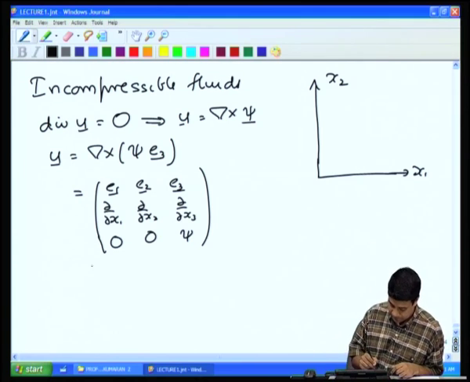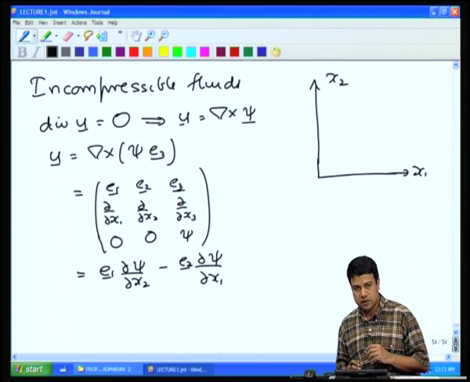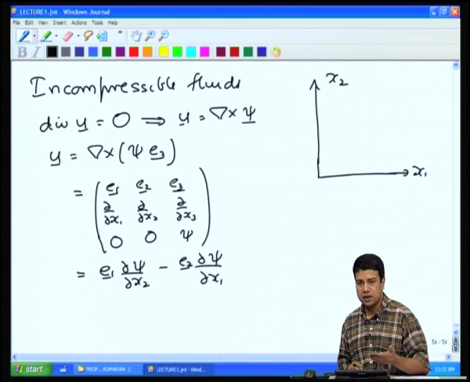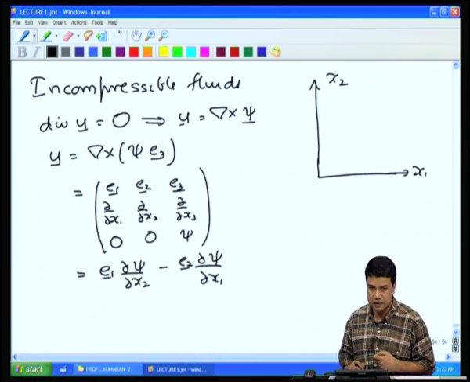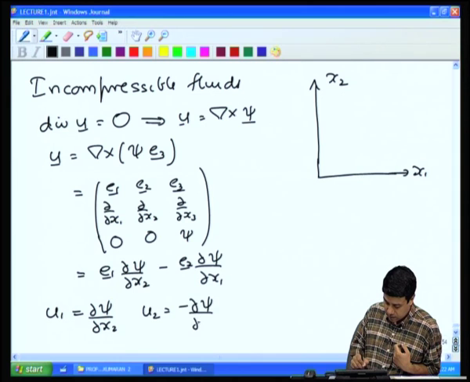So, this gives me E1 partial psi by partial x2 minus E2 partial psi by partial x1. This is in a Cartesian coordinate system. In other coordinate systems, you just use the equivalent of the curl that I derived for you in the last lecture in terms of the scale factors. So, this means that u1 is equal to partial psi by partial x2 and u2 is equal to minus partial psi by partial x1.